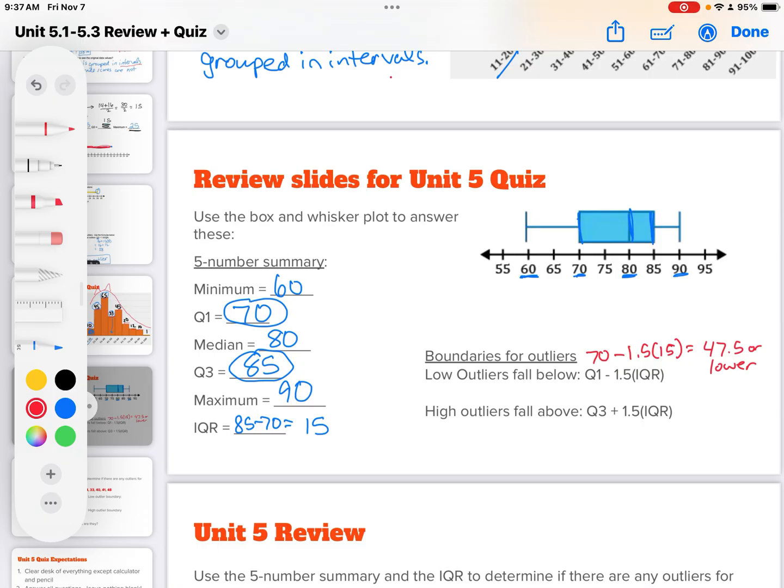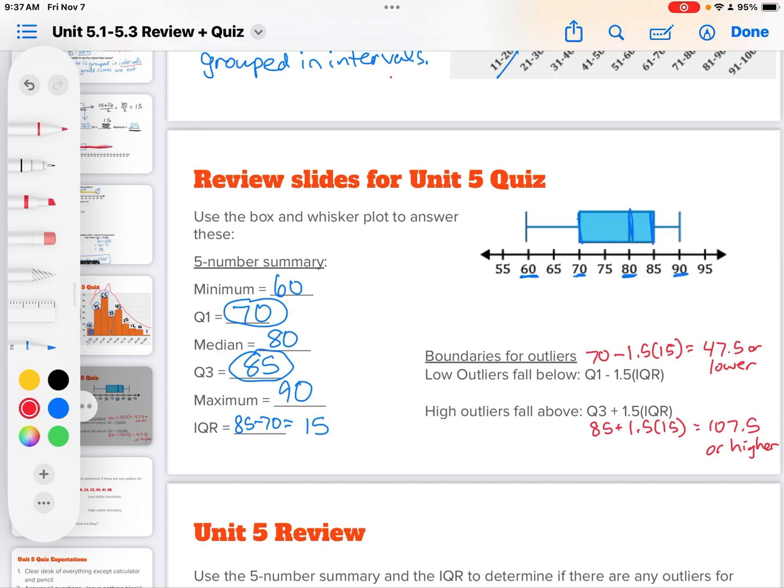For the high outliers, we take our Q3, which is 85, and add 1.5 times our IQR. So 85 plus 1.5 times 15 gives me 107.5. In this case, I can see that I don't have any outliers of any kind, because none of my data values are lower than 47.5, and none are higher than 107.5.